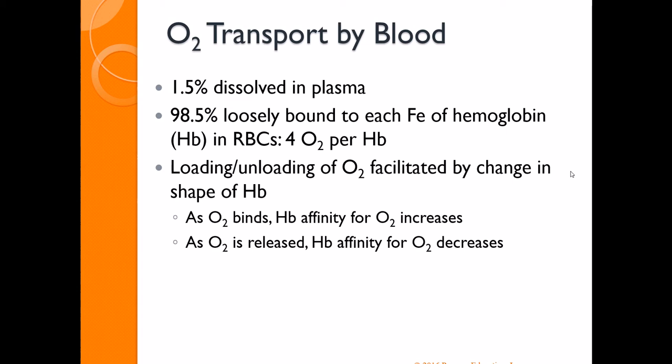As one molecule of oxygen leaves hemoglobin, hemoglobin's affinity for oxygen decreases. This basically makes it easier both to pick up or load oxygen onto the hemoglobin and then release or unload the oxygen at all of the tissues that need it. So again, hemoglobin is a neat little protein. It's this whole idea, again, of form fits functionality.